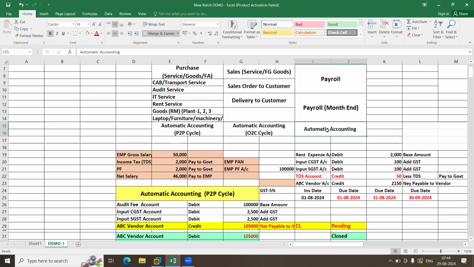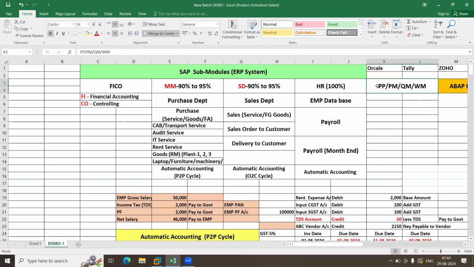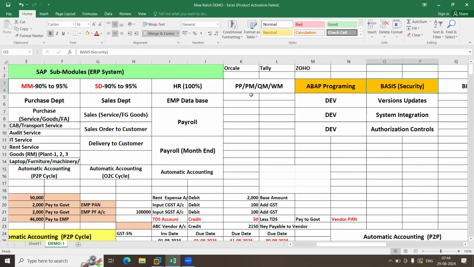Then later, once they complete the payroll, the finance team is going to make a payment. One part we are automating, and the other part also makes a payment, so again it can be automated or else manual. For other departments, there is not much direct integration with finance, but somewhere it is going to integrate with costing and quality management.